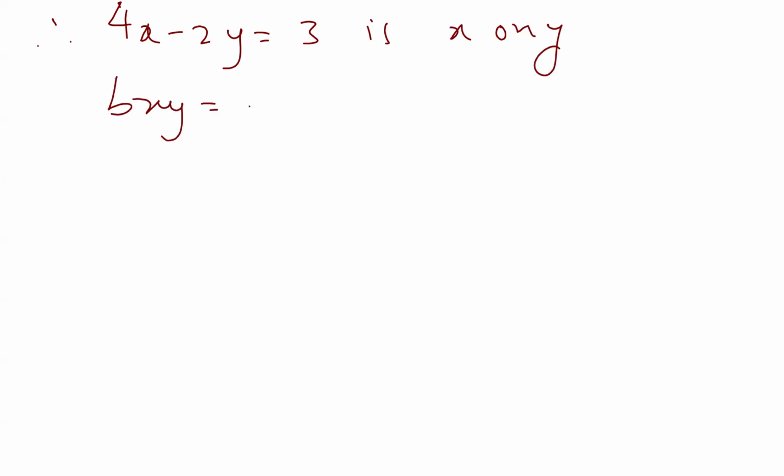Therefore, the first line is x on y. So bxy is equal to minus b by a. So minus of 4 upon minus 2, the answer is 2. That is bxy. Just a moment, sorry. B is the coefficient of y.